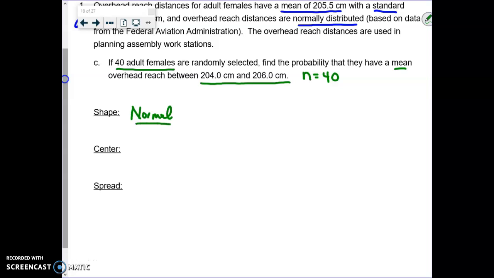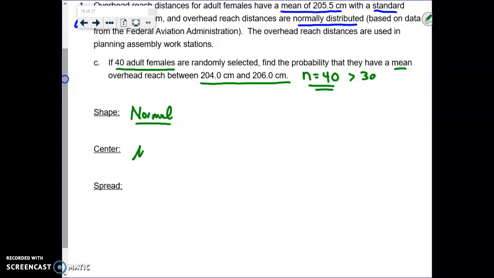It's normal because the original population was normally distributed, but even if it hadn't said that, our sample size of 40 being larger than 30 would mean that the shape of all the sample means of size 40 from the population of adult females would be normal also. So number one, the original population was normal, but secondly, our sample size was larger than 30. So this is normal for those two reasons, and I'm not going to write that down.